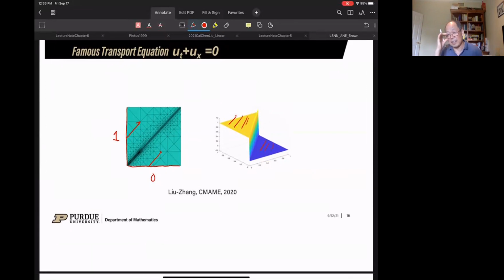As you can see, this is an extremely simple structure, but somehow all the mesh-based numerical schemes are very, very complicated. Because the solution is discontinuous, you even have oscillation and overshooting.